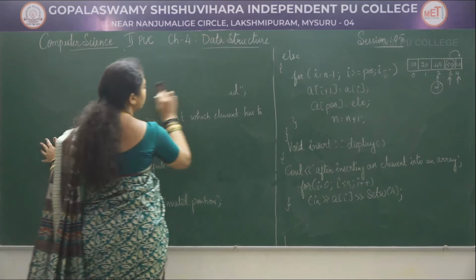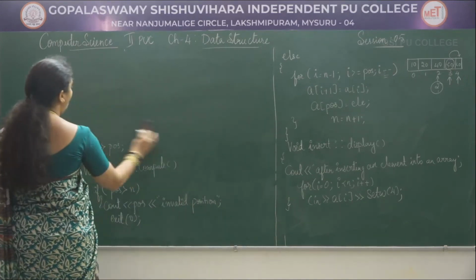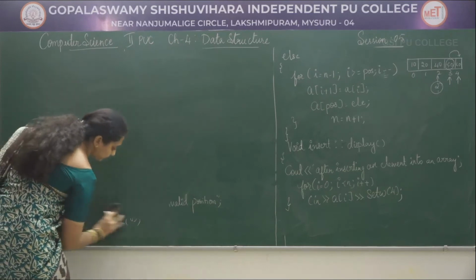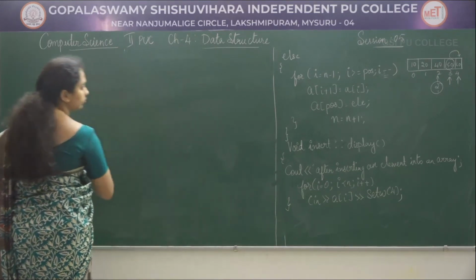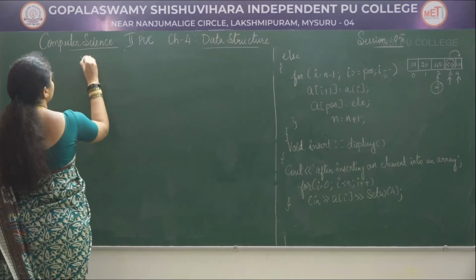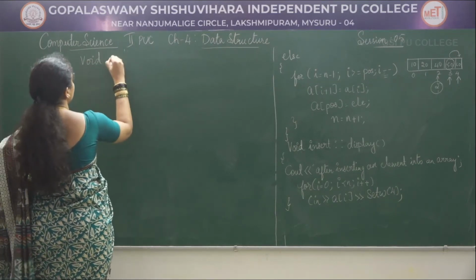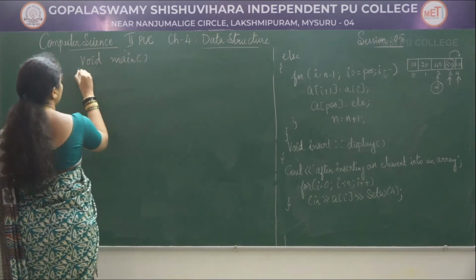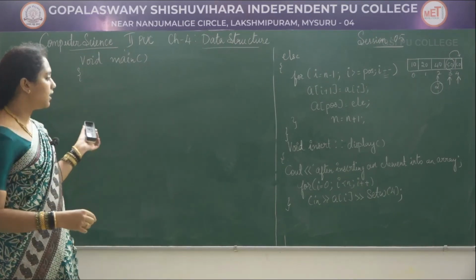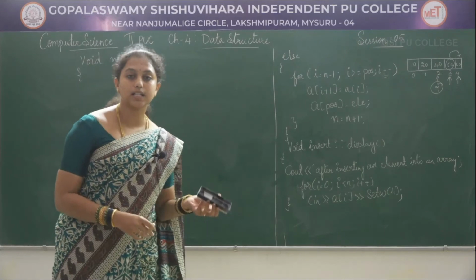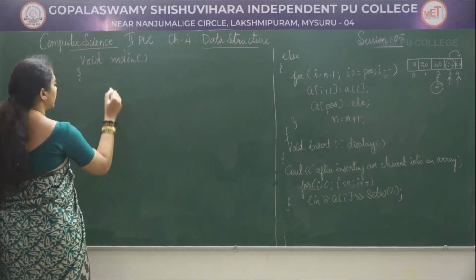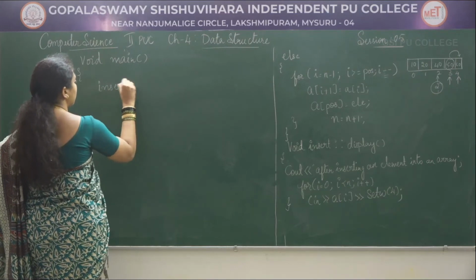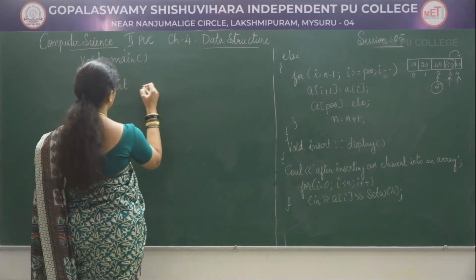So now we have to create an object for the class insert. In the main function, we have to create an object for the class insert. So how to create an object? First we have to write the class name, then the object name.